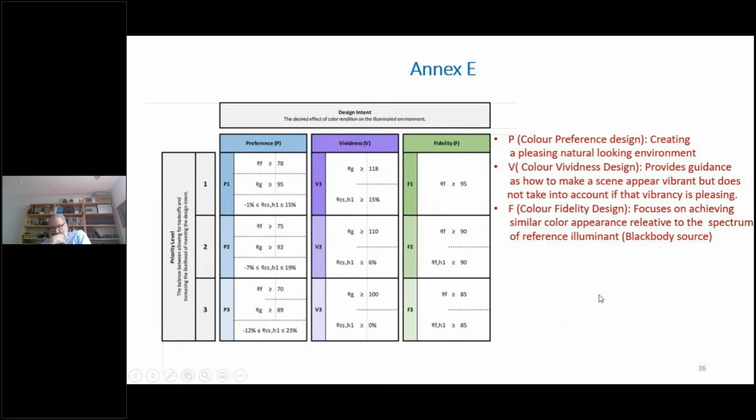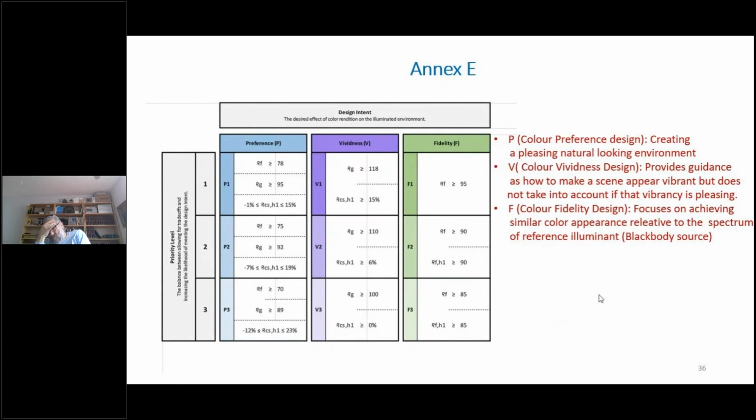So what does each one of them mean? The preference design criteria wants to create a pleasing, natural looking environment. The vividness wants to focus on how the scene appears vibrant, like for example in an amusement park, but doesn't really care about the pleasantness of it.